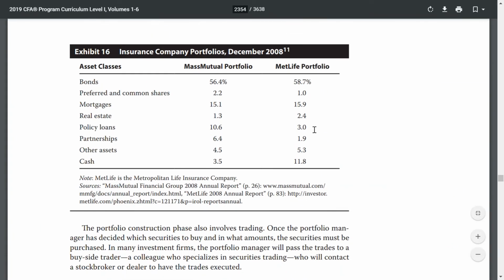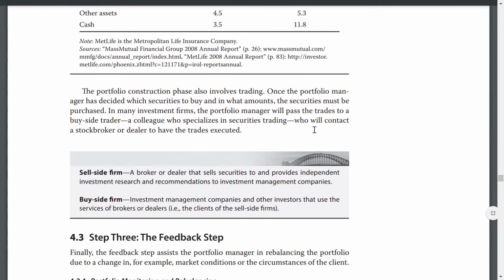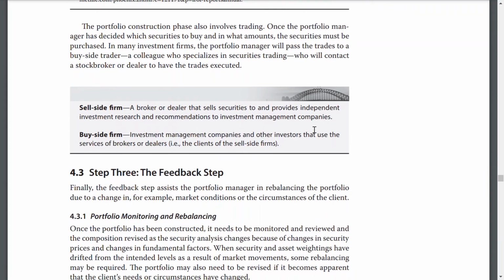The portfolio construction phase also involves trading. Once the portfolio manager has decided which securities to buy and in what amounts, the securities must be purchased. In many investment firms, the portfolio managers will pass the trades to a buy-side trader, a colleague who specializes in securities trading, who will contact a stockbroker or dealer to have the trades executed.